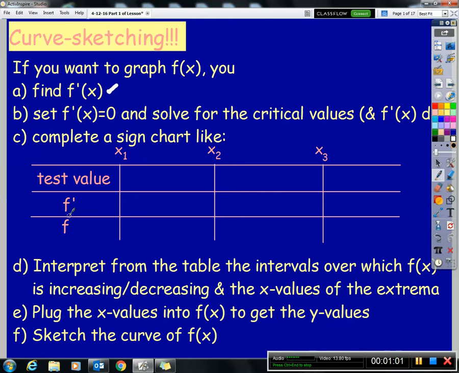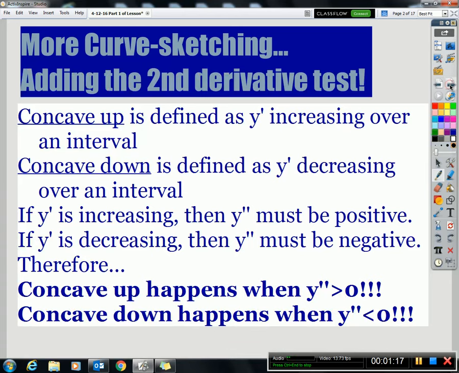Once I have a table completed, I can say where the function is increasing and decreasing. I can name the x values at which I have maxes and mins. I can plug those x's in to find y values if I need complete points that are maxes and mins, and then I sketch. We're doing the same thing today, but we are adding the second derivative.